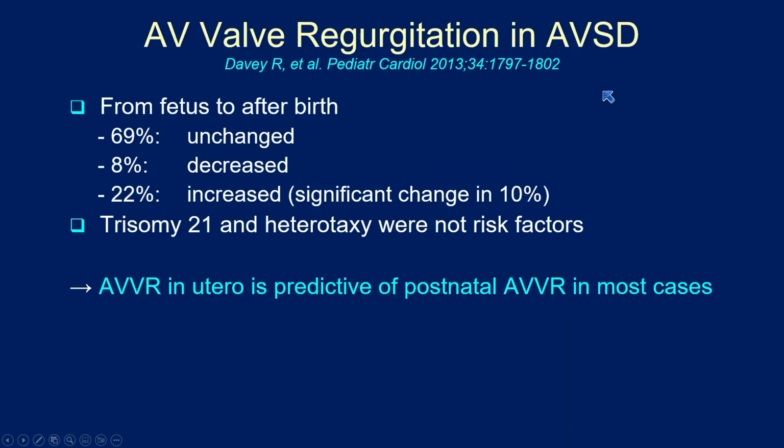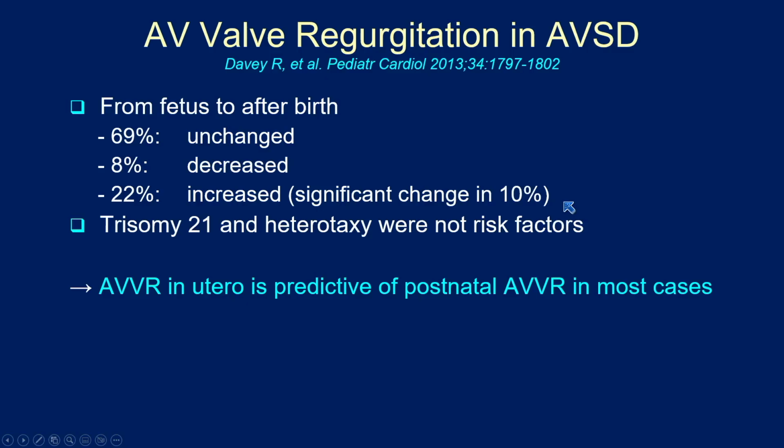What happens with AV valve regurgitation that you see in utero has been examined. In 89% it is unchanged, so if it's severe before birth, it will stay severe after birth. But in 22% it can actually increase and get worse.